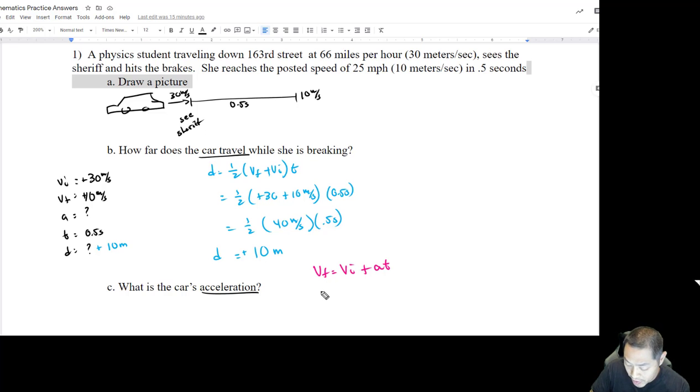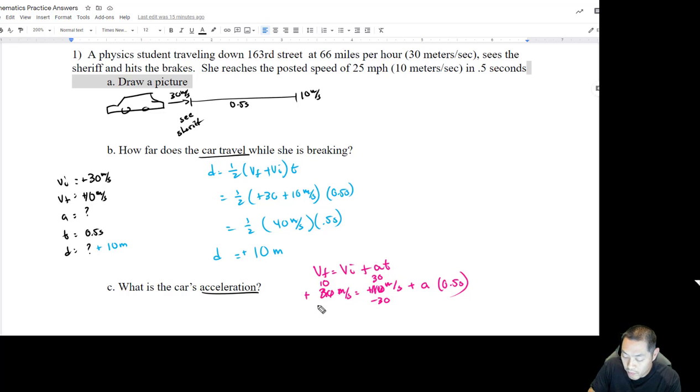So VF is 10, VI is 30, A is what we're looking for, and time is 0.5. Oops, I got my VI, VF switched, shoot. Good thing I caught that.